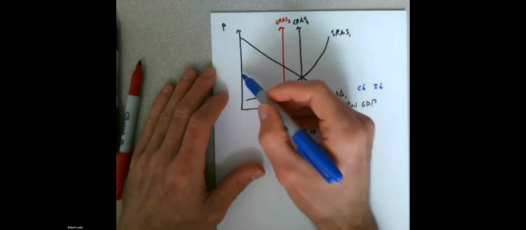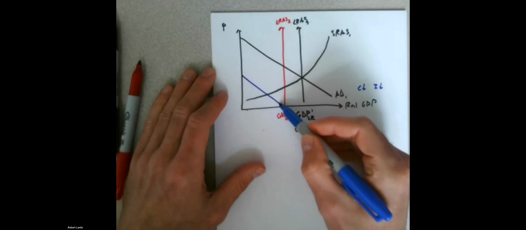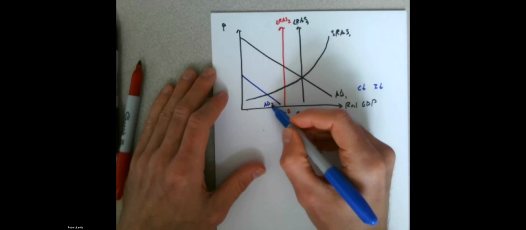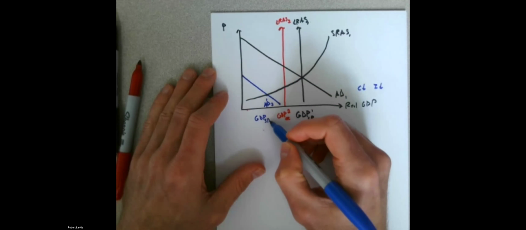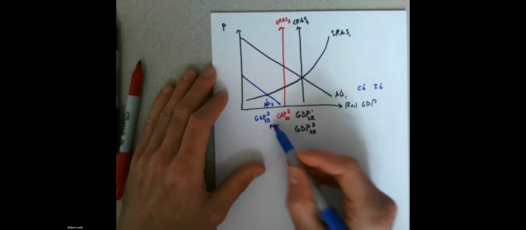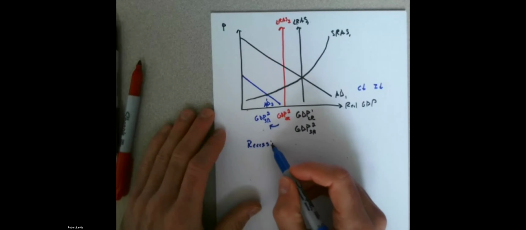If that change in aggregate demand is larger, then our new short-run GDP would actually be too low. If it's too low, we said we have now a recessionary gap. Right? So maybe the government did spend too much money.